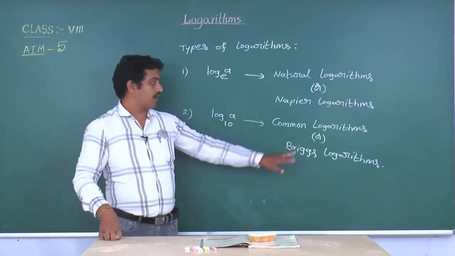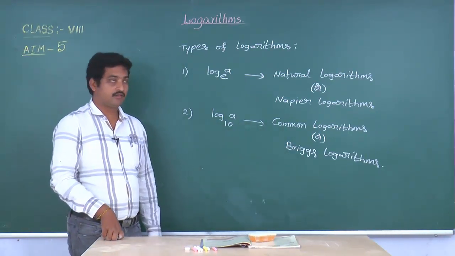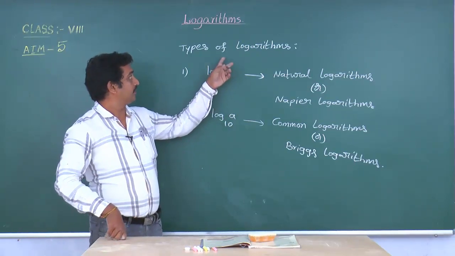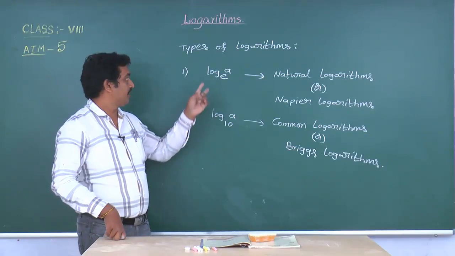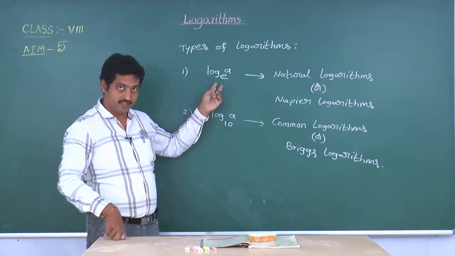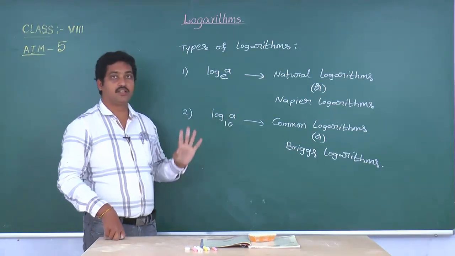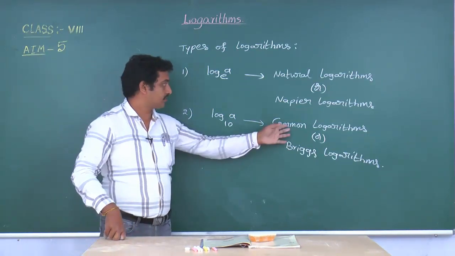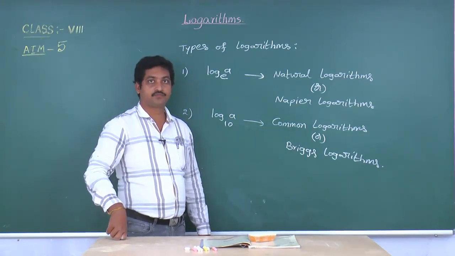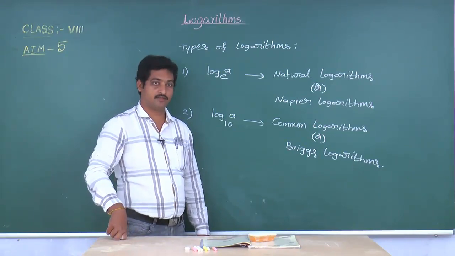Here, according to the bases, there are two types: logarithm with the base e and logarithm with the base 10. Often we use these common logarithms only for application purposes.